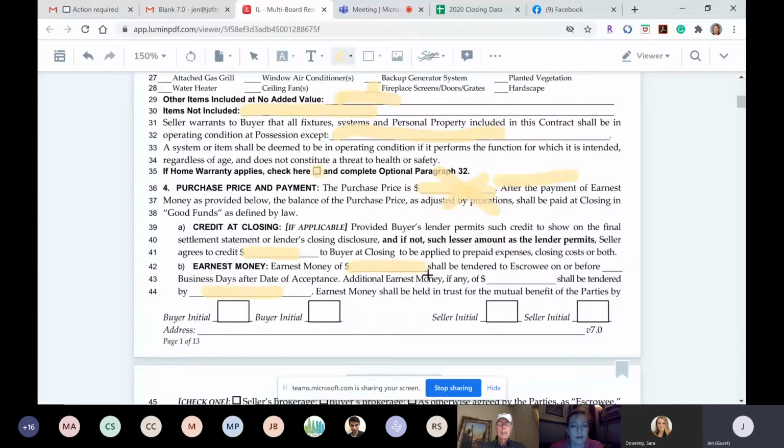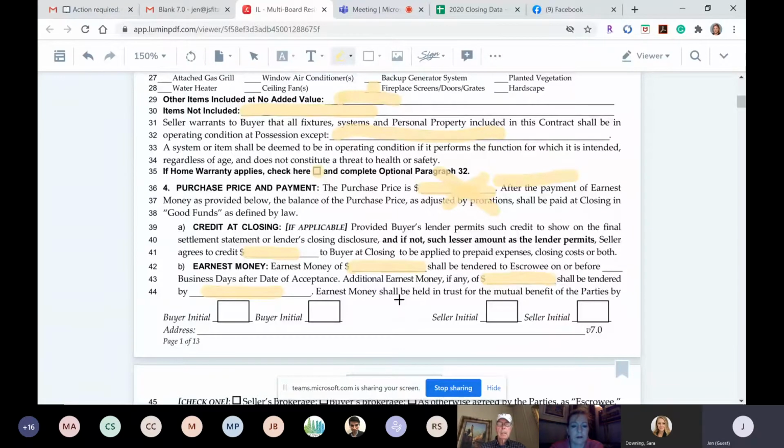So it already assumes this money in it. This is an extra added amount of money. So if your buyers want to put 10% down total and they put 1% down here, they only want to do an additional 9% here. They don't want to put the total amount here, or they're going to actually end up putting down 11%.